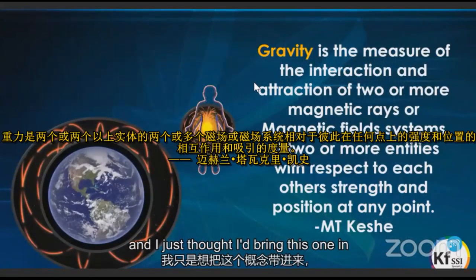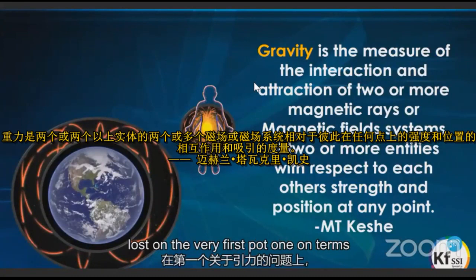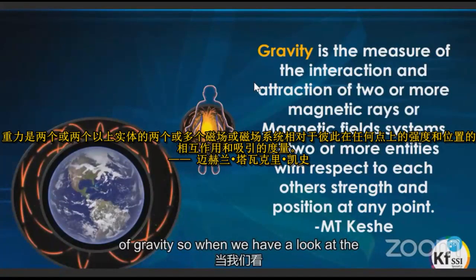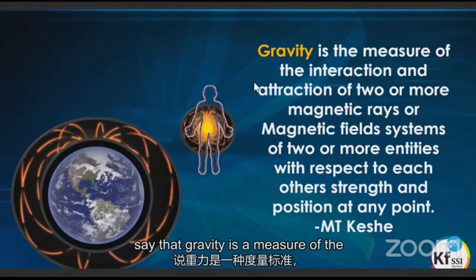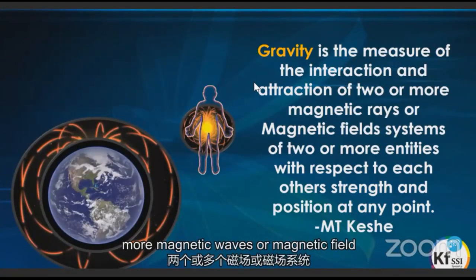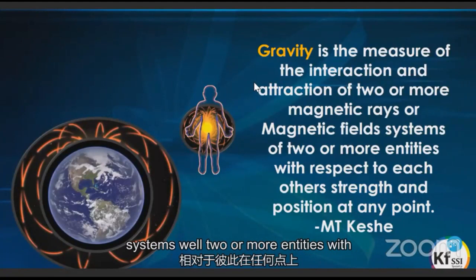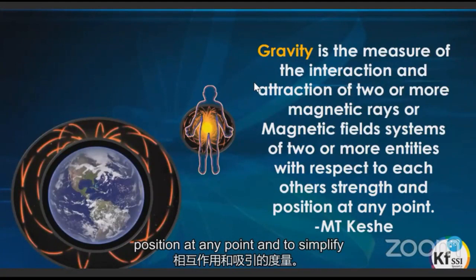And I just thought I'd bring this one in because I know Rick did ask the question last on the very first part one in terms of gravity. So when we have a look at the Earth and we've got ourselves, you could say that gravity is a measure of the interaction and attraction of two or more magnetic rays or magnetic field systems, or two or more entities with respect to each other's strength and position at any point.